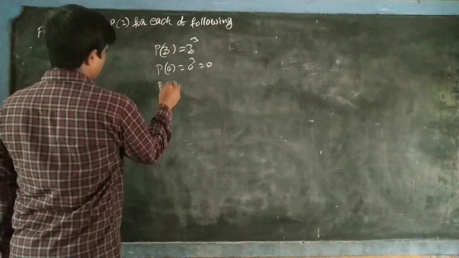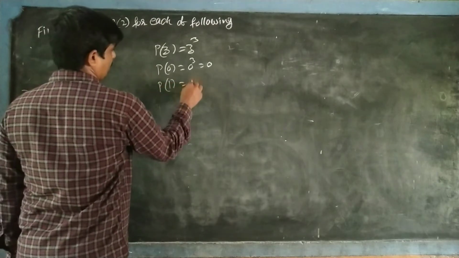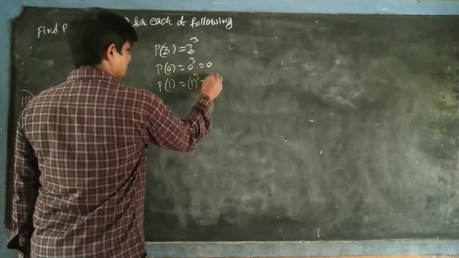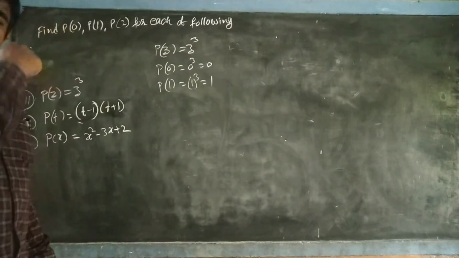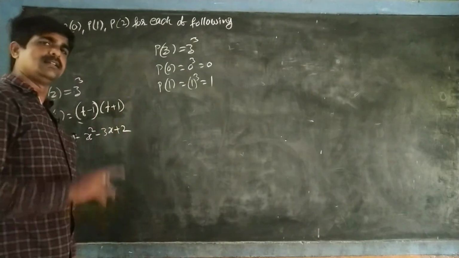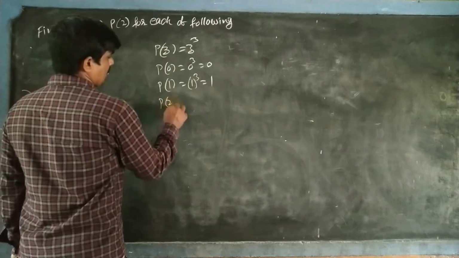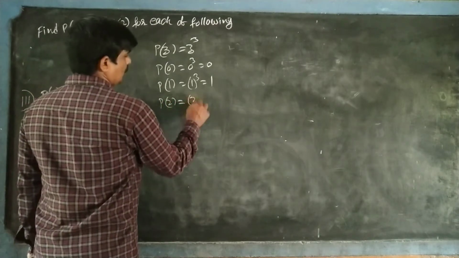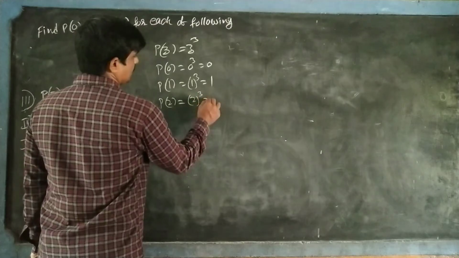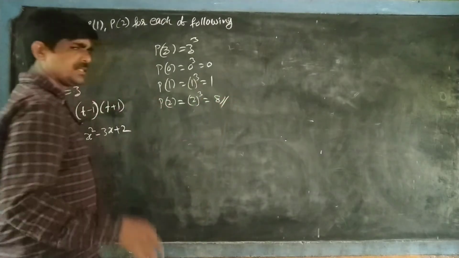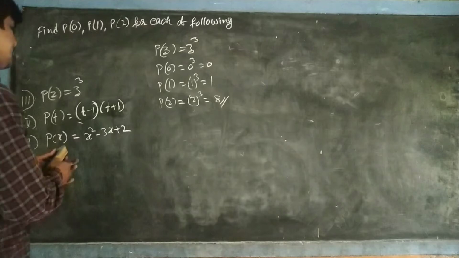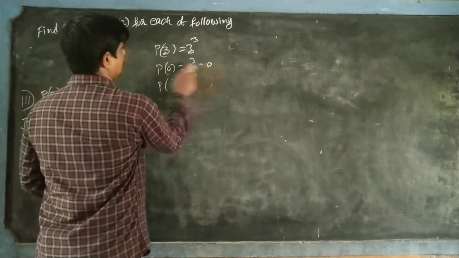Next, p of 1. Instead of z, you have to write 1. 1 power 3 is 1. 1 power anything is 1 only. Next, p of 2 is equal to 2 power 3, that is equal to 8. Simple. Over.